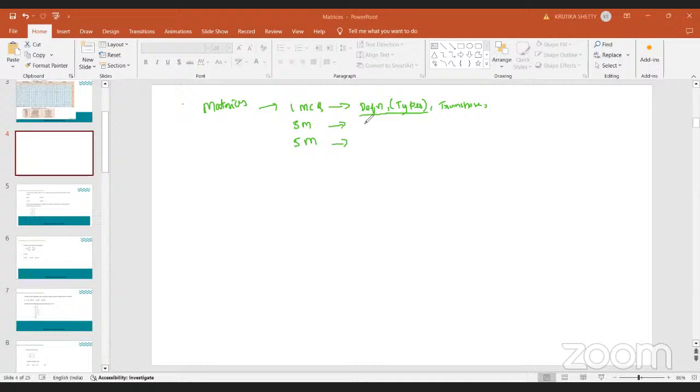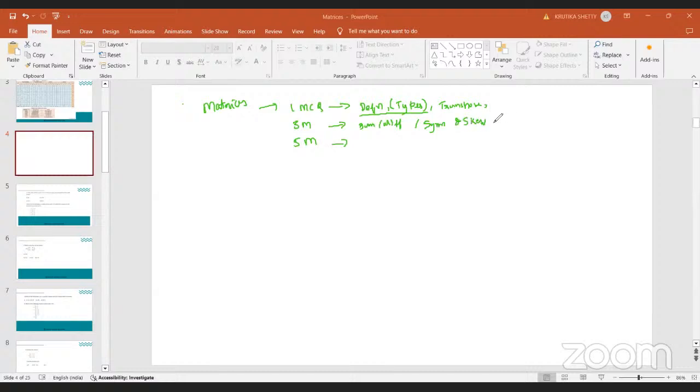And then a 3 mark question, where there are two possibilities. One is sum or difference of matrices. Based on that you may get a 3 mark question, or you may get a question on symmetric and skew symmetric matrix.